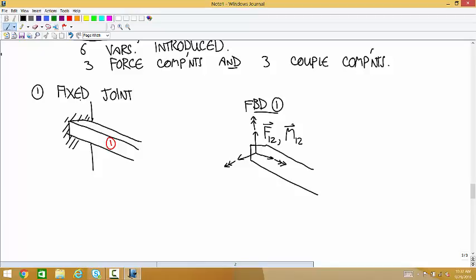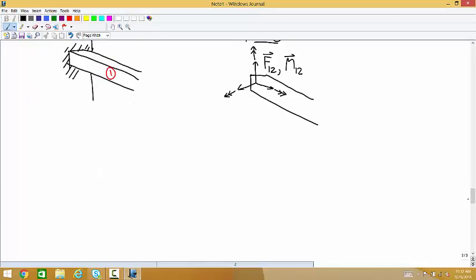Okay, so let's spend a little time doing example problems. These get so hard to draw.